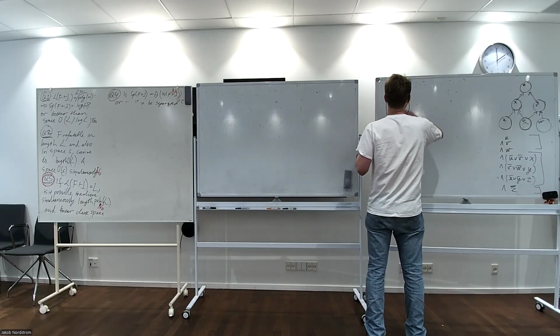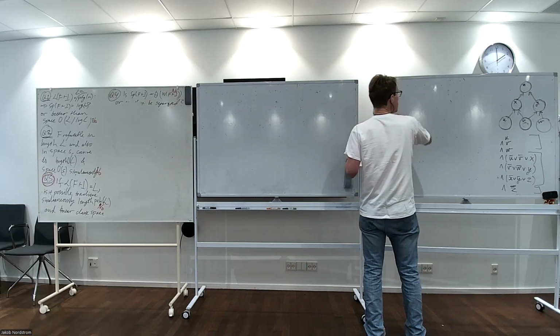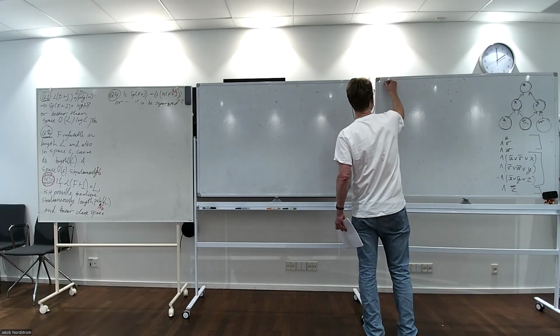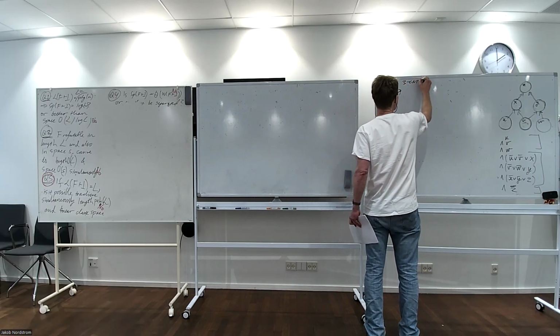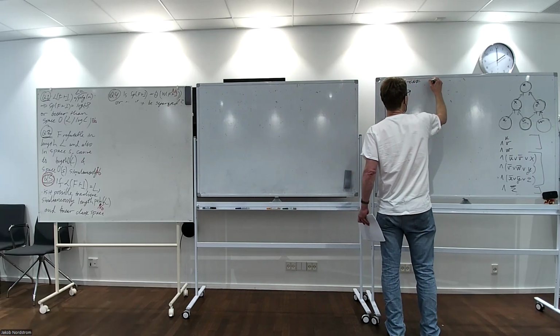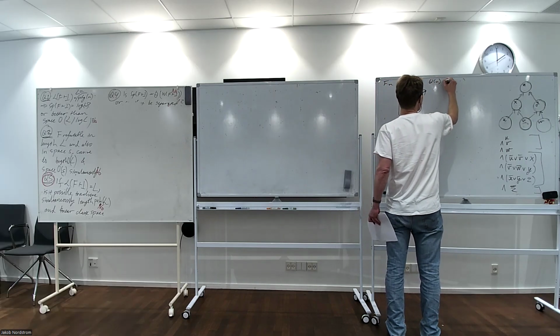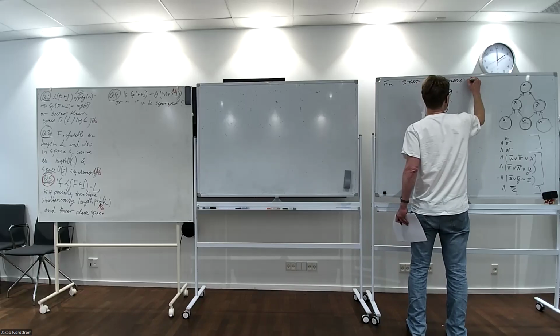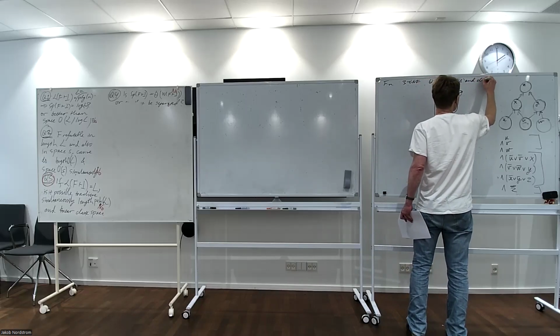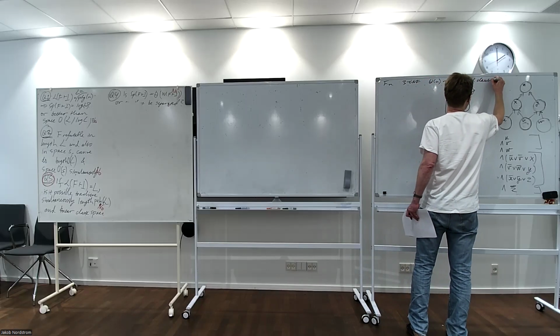Okay, so throughout now, all the formulas Fn that you see are going to be 3-CNF formulas with theta n variables and clauses. So let me tell you what is known.